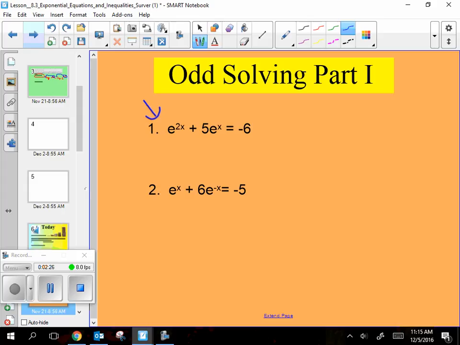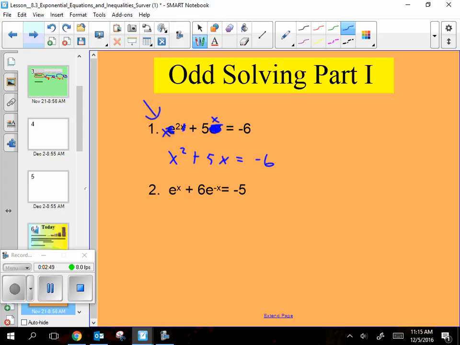You're going to use it a lot. We're just going to give you an intro to it today. What it means is, what if I could take out part of this problem that makes it difficult? Like, if it wasn't e to the x, if it was just x, then it would just be x squared plus 5x equals negative 6.